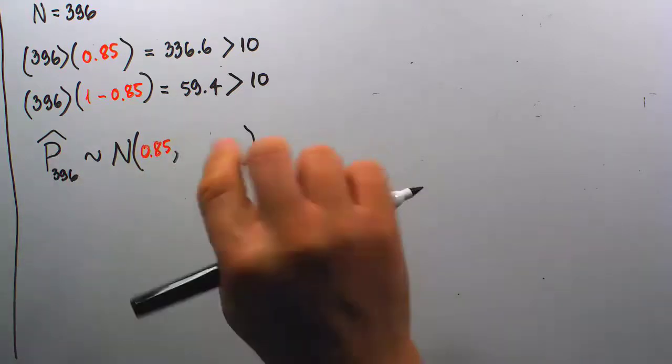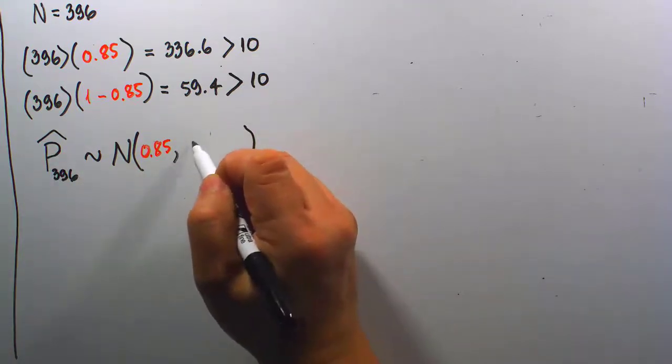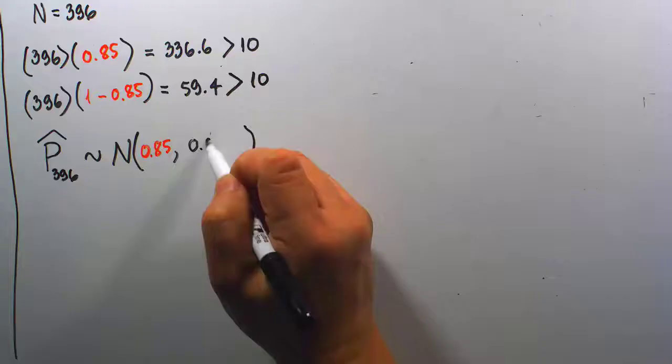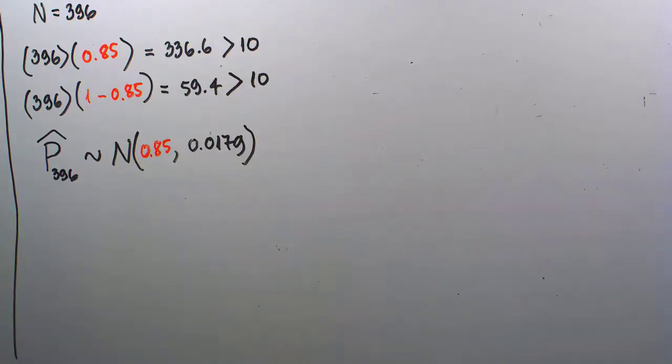And further, the bell curve data has standard deviation 0.0179, as we have calculated in the earlier steps.